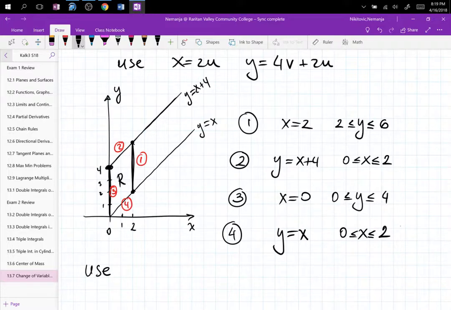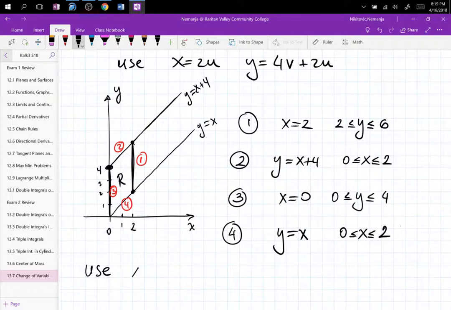So far, all we did is we drew the region, and we described by equations every single one of these pieces around. Now we just use the transformations to transform everything into u's and v's.